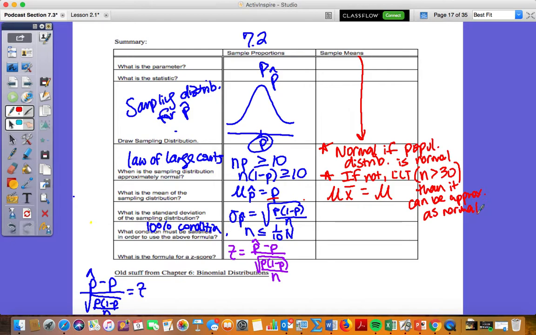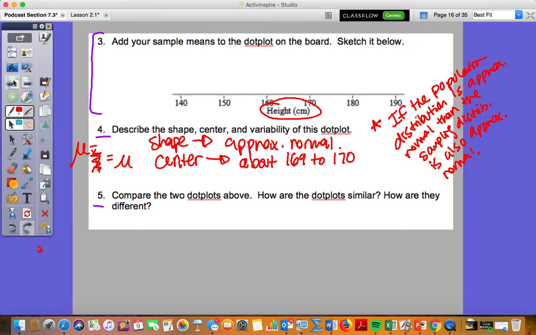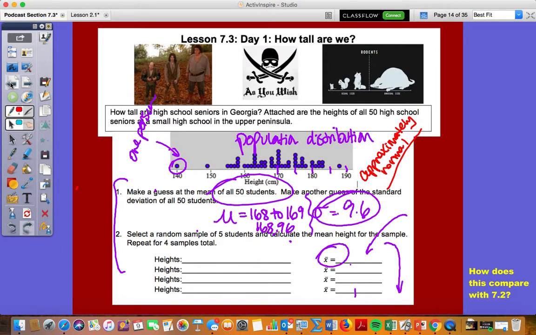We're good? Okay, let's go back real quick, because y'all are rocking. We did shape, we did center, we need to do what? Variability or spread. Good. As I look at the variability on this, what did you notice about the variability of this compared to my population over here?